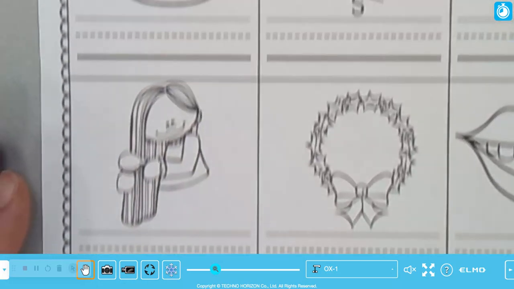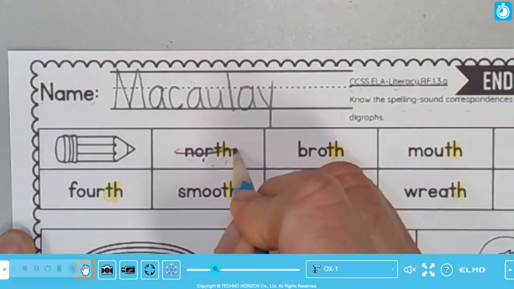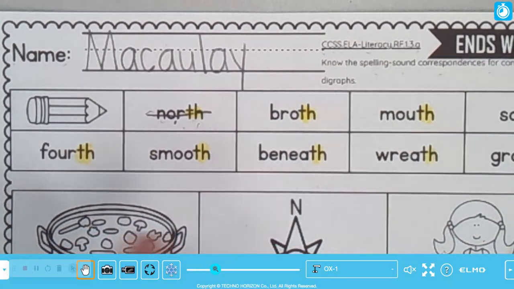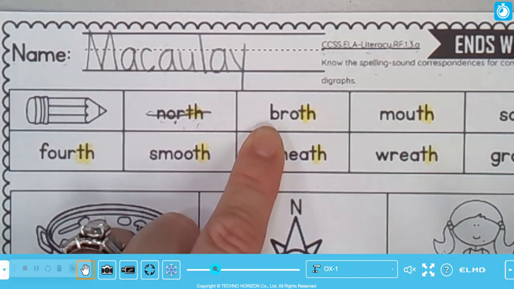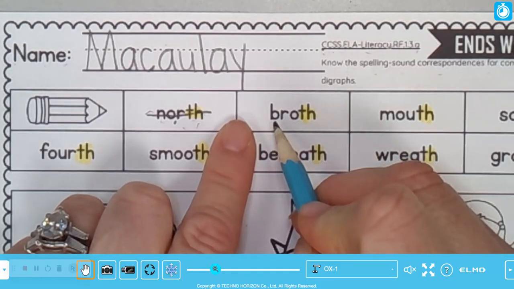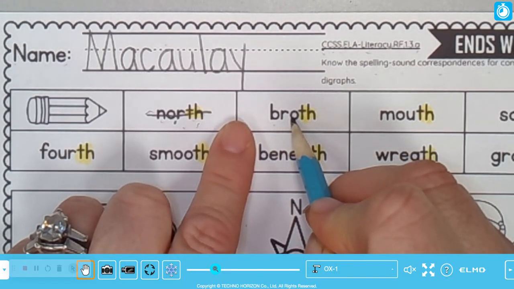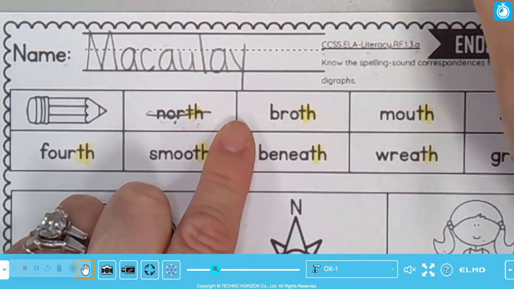Okay, so now we're going to move on to the next word. I'm going to cross off the word north because we finished it. Okay, now this word. Here we go. Ready? Begin. B. Broth. What's the word?